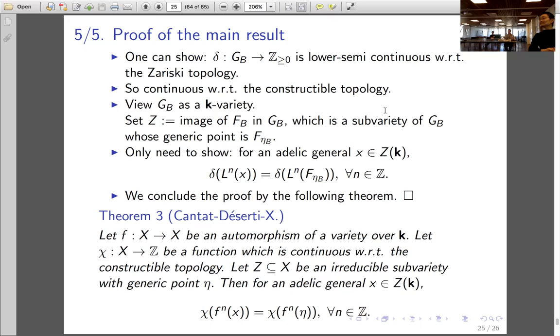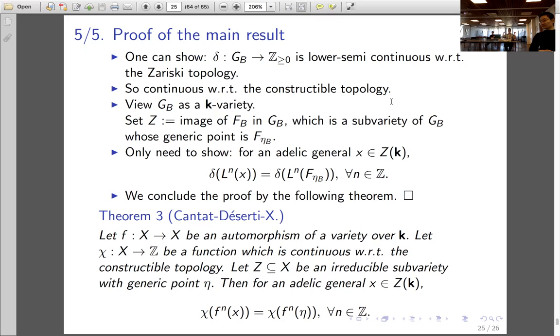Okay, so I have some questions. First of all, in this Theorem 3, do you need f to be an automorphism, or do you only need a morphism? Excuse me, I cannot hear very clearly what you said.